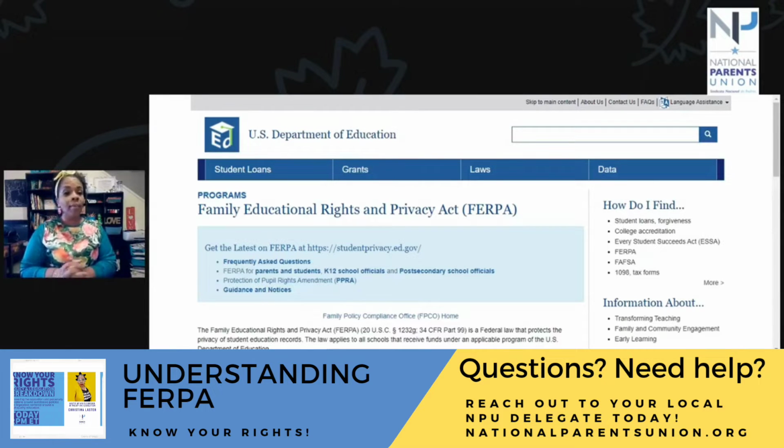What does FERPA prohibit? FERPA prohibits the disclosure of students' protected information to a third party if you did not consent. Check your consents and check the third parties. We're going to be talking about that. If you're a student and you didn't consent to your information being shared with a third party, then you need to make sure that you state that: I did not consent to my child's protected information being shared with a third party.